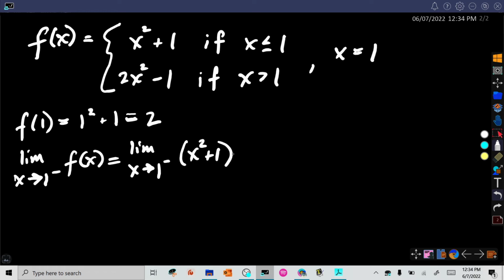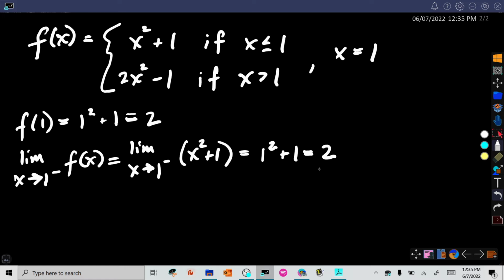And since this is a polynomial, we can just evaluate. So 1 in there is going to be 1 squared plus 1, which is equal to 2. So the left-hand limit is the same as the function evaluated at 1. Hopefully, the right-hand limit is also going to be 2.